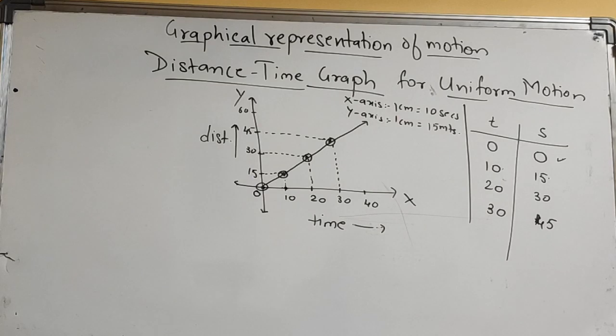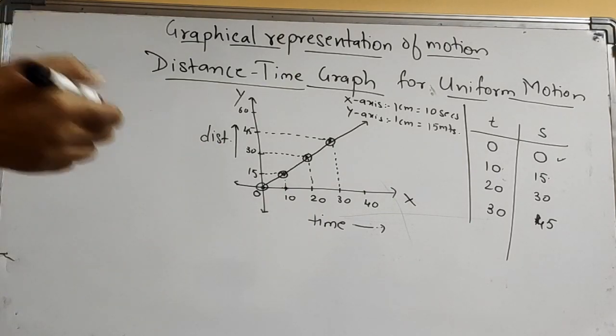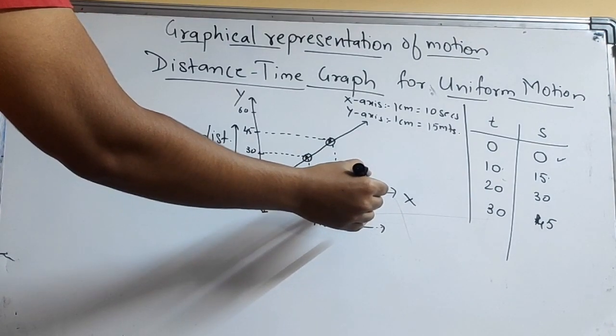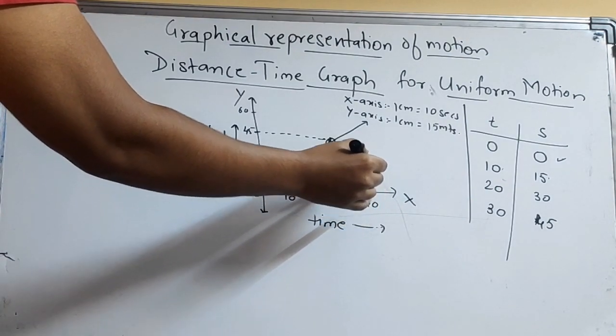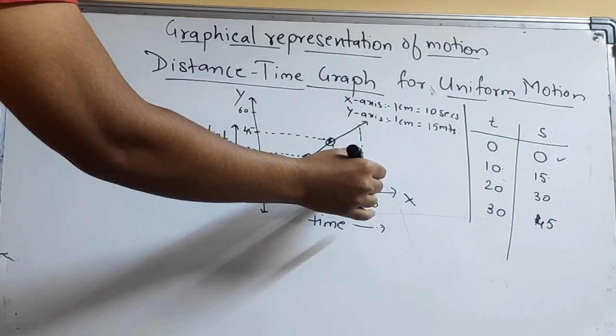How is that possible? All you have to do is pick out for what time you have to find the distance covered. For example, if you want to find out the distance covered in 40 seconds, you draw a perpendicular line from 40 going straight up like this.